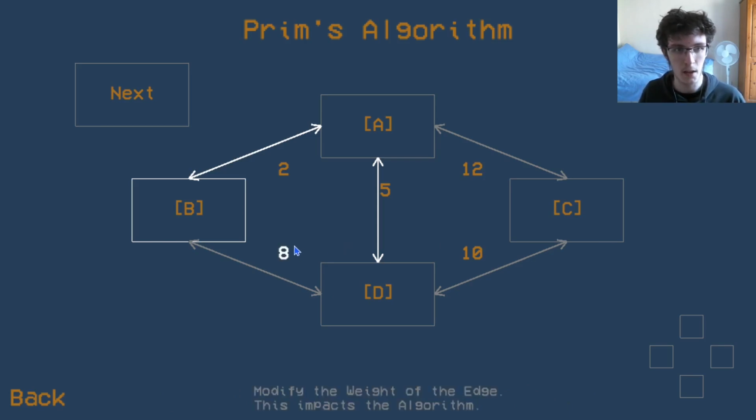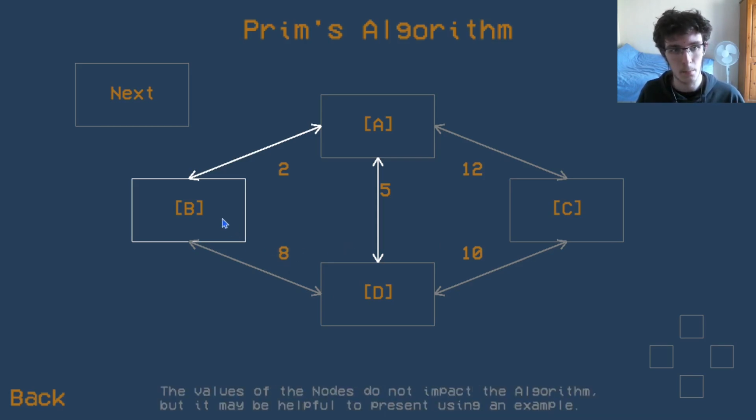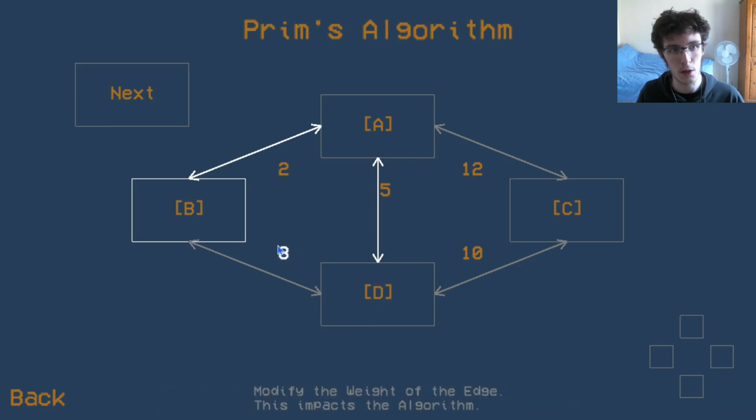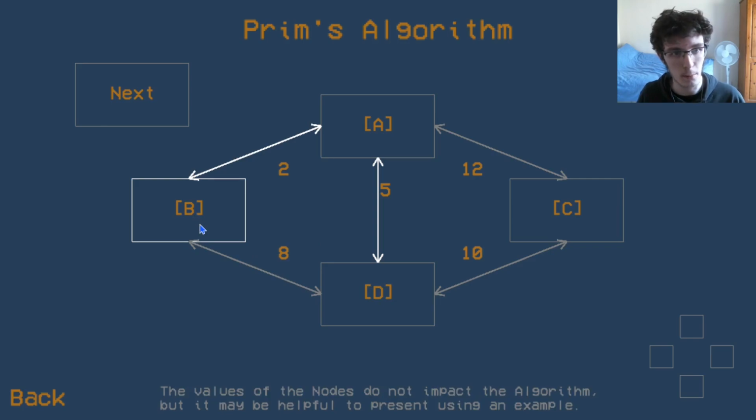The smallest here is 8, but it connects node B, which we have visited, to node D, which we have also visited. So we just ignore this one. We don't want this one, because if we were to make a road between village B and village D, then we would have 2 ways of getting from each of these 3.